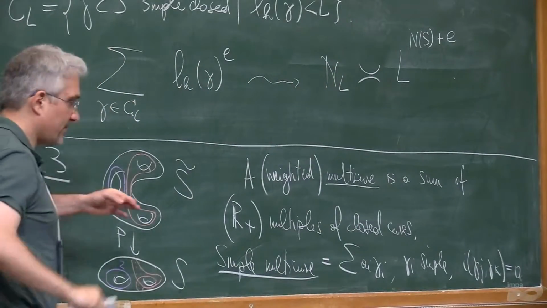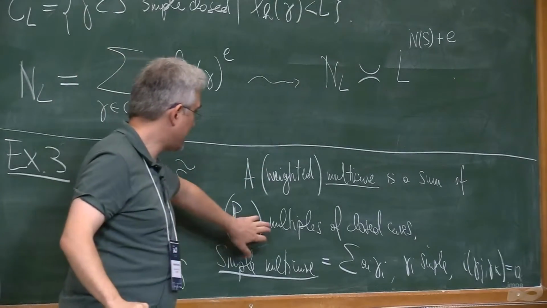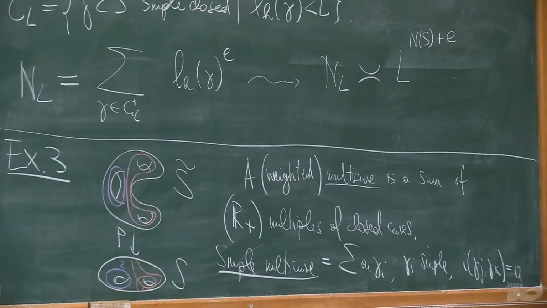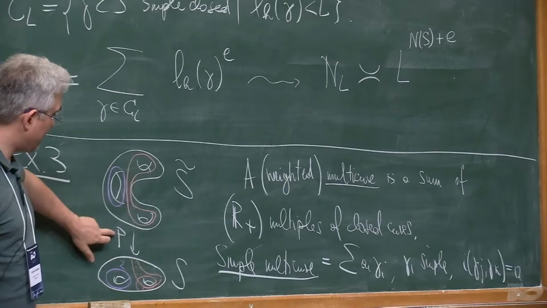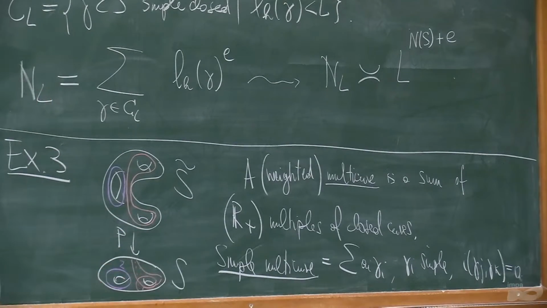So a simple multicurve is just a collection of curves which are simple and disjoint. In this case, a weighted multicurve can be just an arbitrary sum. Okay, so basically what we see here is that if we push down curves, we get an integral multicurve downstairs. So what is the example of curve counting? I can produce a bizarre problem using covers.